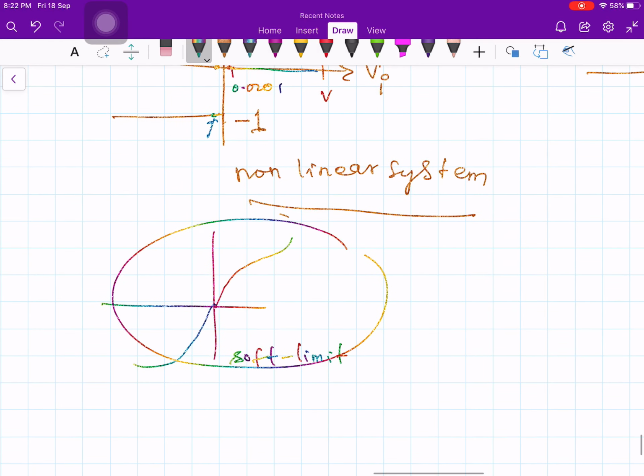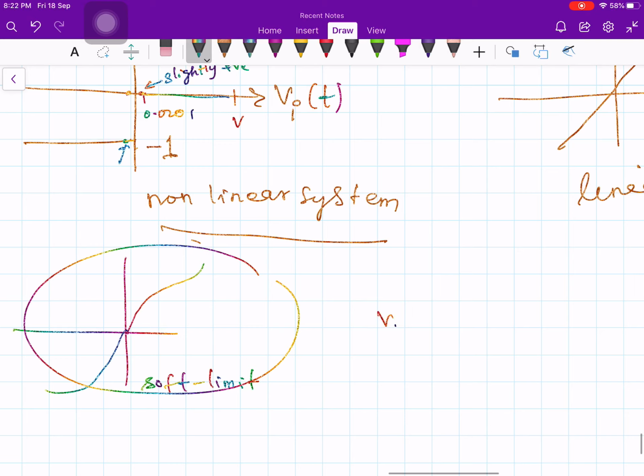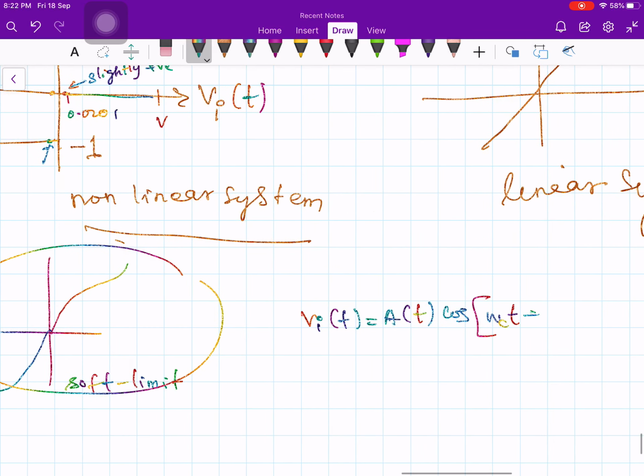So in our case, what we are saying is the input, let's say this is my Vi of t. What is our Vi of t? Vi of t is equal to A of t times cos of omega ct plus phi of t.